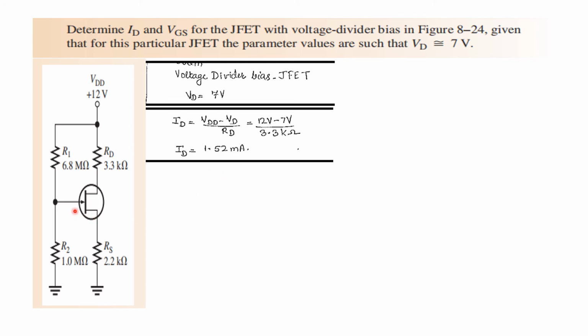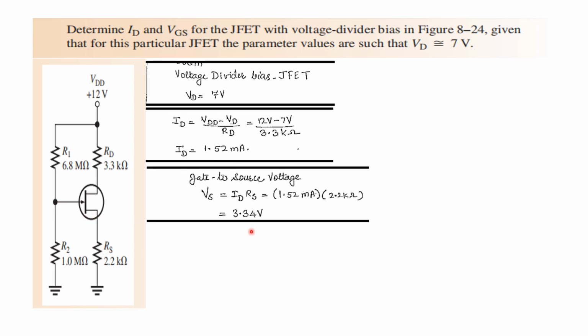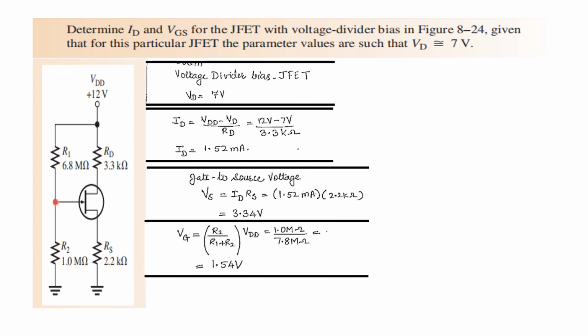Now to find out the value of gate to source voltage, first we have to find out Vs, which is equal to ID into RS. This comes out to be 3.34 volts. Second step, you find out Vg. Apply the voltage divider rule. So Vg is equal to R2 upon R1 plus R2 into VDD.